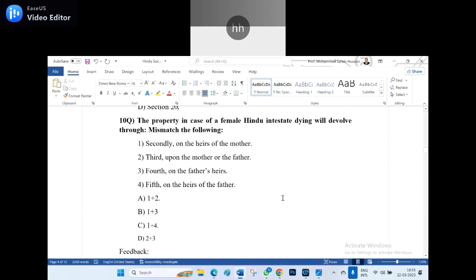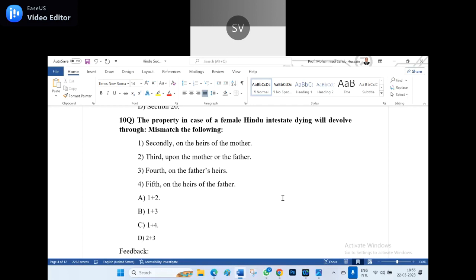Okay, now 10th question. Can anyone unmute and read the 10th question? Srinivas, read. Yes, sir. 10th. The property in the case of a female Hindu intestate dying will devolve through, mismatch the following.